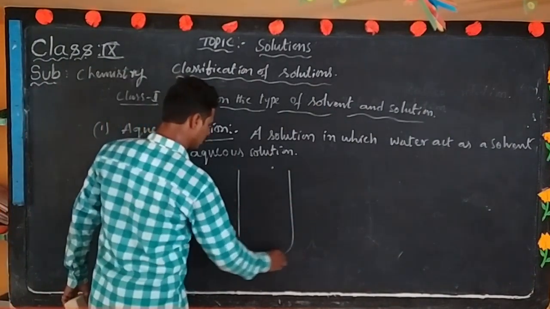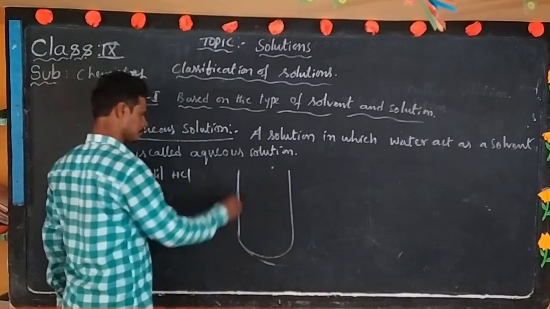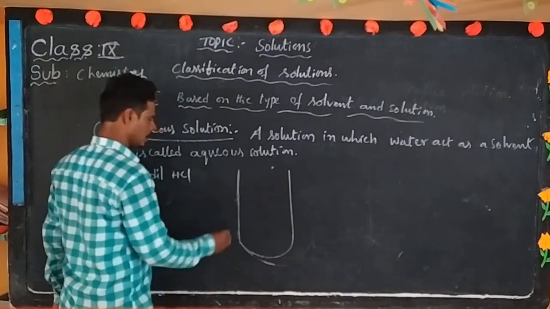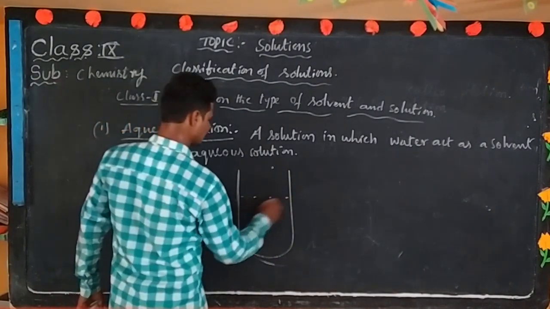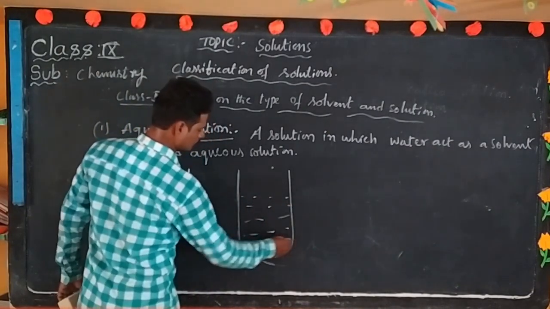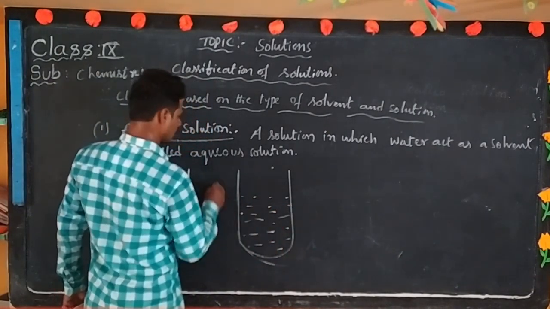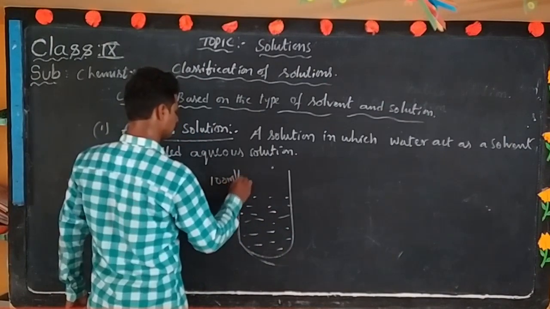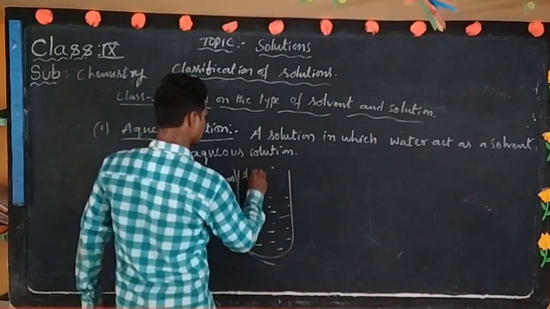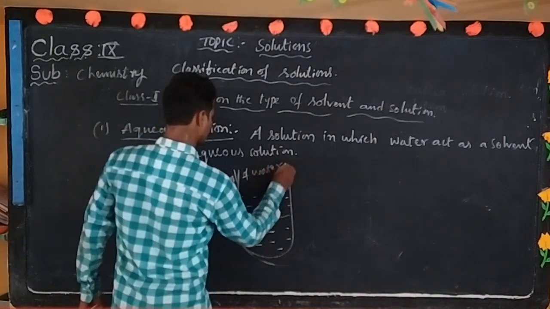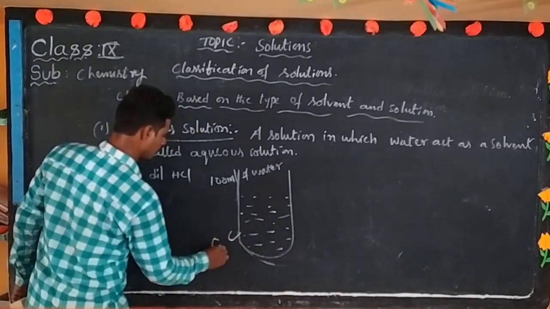How can we prepare dilute hydrochloric acid? Let me take 100 ml of water and five ml of HCl.